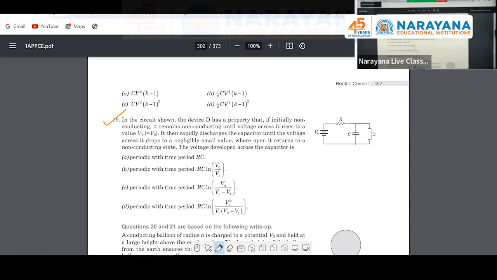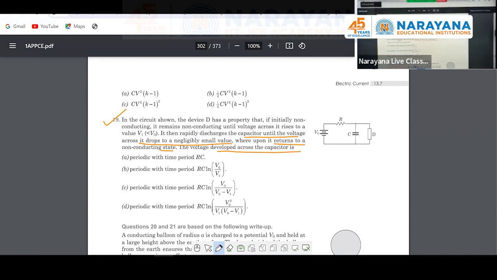So till then it remains non-conducting. And it then rapidly discharges the capacitor until the voltage across it drops to a negligibly small value, whereupon it returns to a non-conducting stage, and again it will charge.